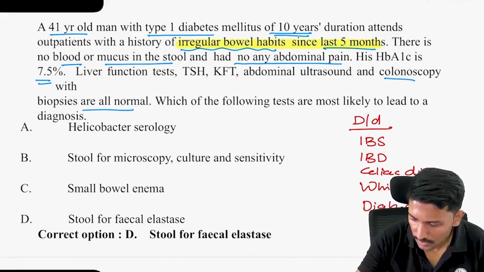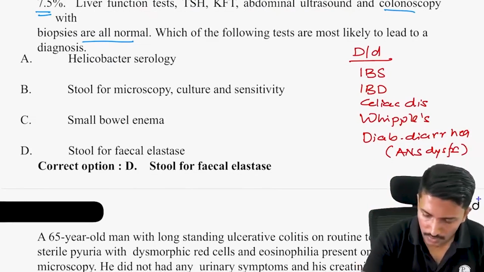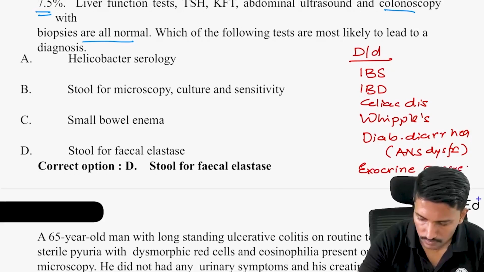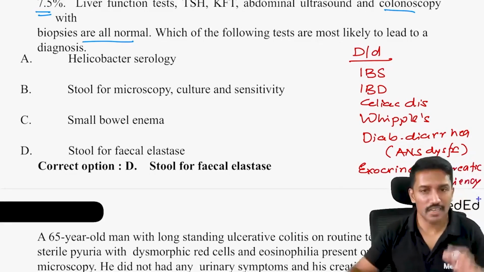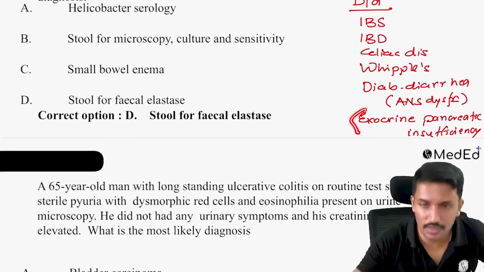What does that mean? Diabetic diarrhea is because of autonomic nervous system dysfunction. And then the last one I would be thinking of is exocrine pancreatic insufficiency. Okay, so these are my differential diagnoses. Now, why is exocrine pancreatic insufficiency a differential diagnosis here?